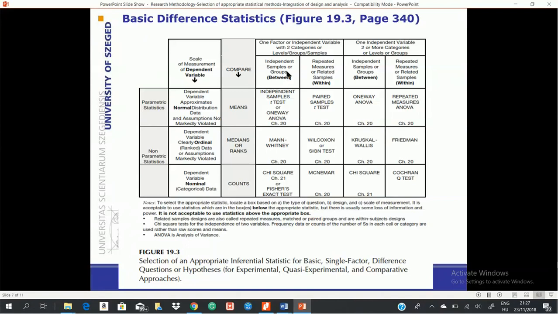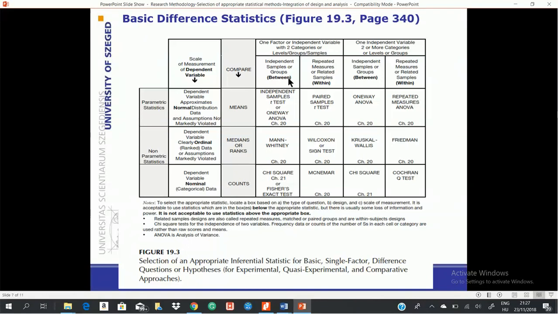Okay, it's interesting to explain between and within. Between in this table means independent samples. What is the meaning of independent samples? Independent samples means the samples do not have a relation with each other.